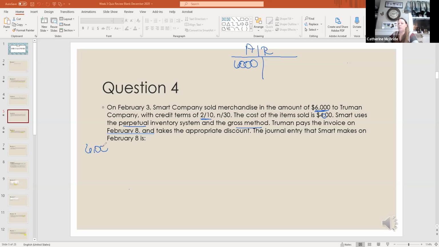If they owe us $6,000, and they're going to pay us 98% of it because they get a 2% discount, that means we're going to open the mail and there's going to be a check for $5,880. It also means that the discount that they get for paying early is $120.